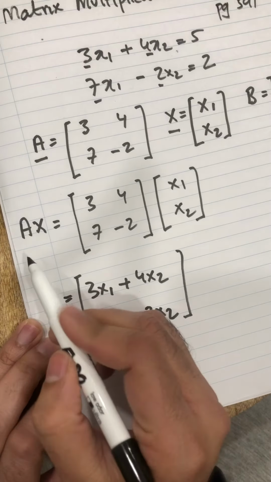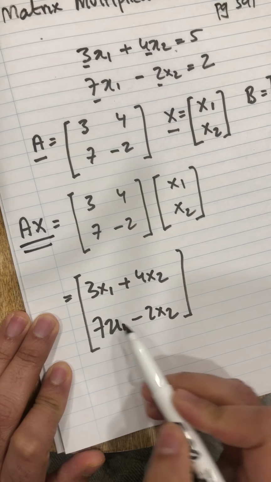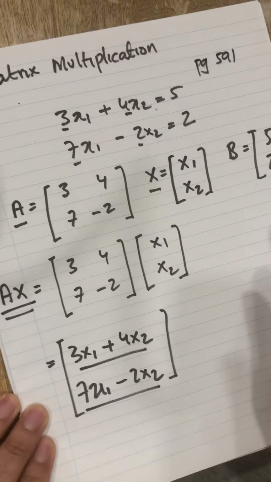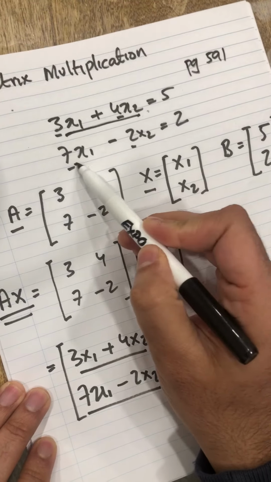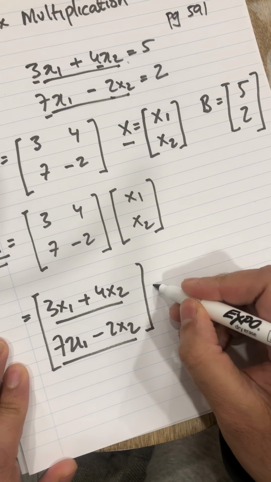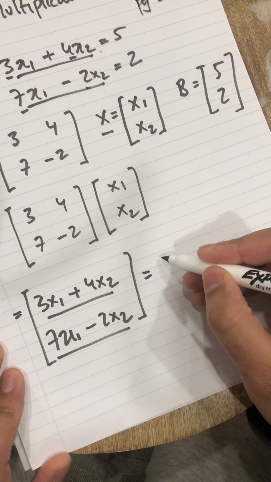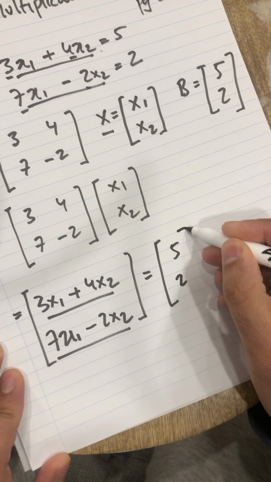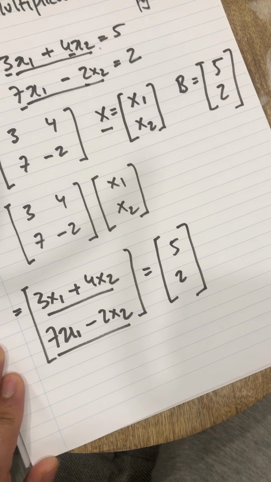Okay, so notice now your matrix AX gives you back these two equations, which were the two original equations over here, right? And you can write this equal to your matrix B, which is 5, 2.